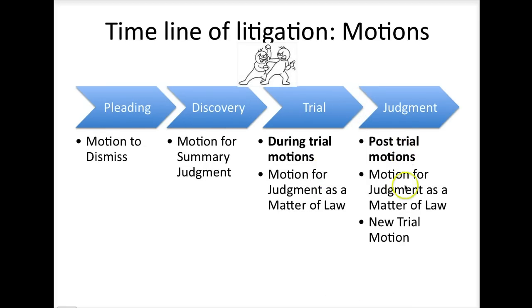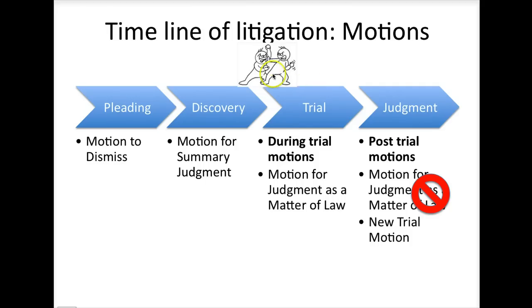Our last two motions are post-trial motions. A motion for judgment as a matter of law can be filed after the jury verdict, after judgment. This time, the motion asks for an overturning, a reversal of the jury's verdict.